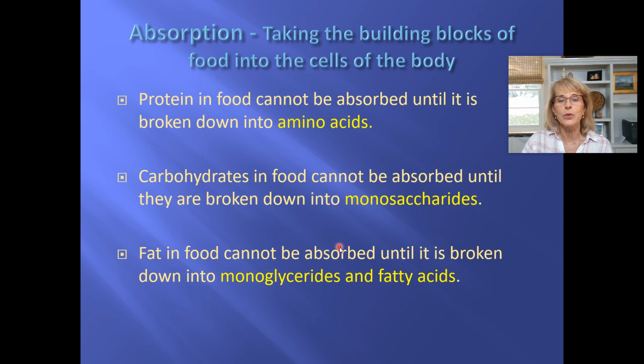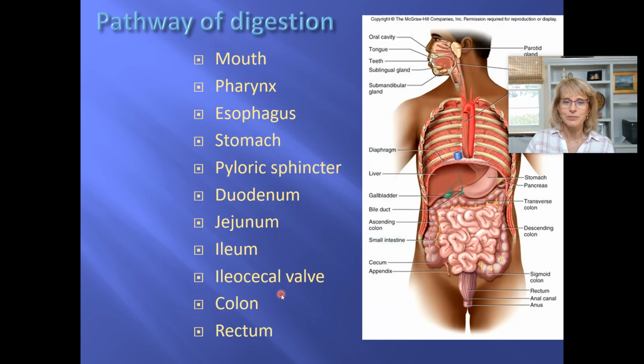The fat that's in our food will not be absorbed until it's broken down. Remember, when we're talking about fat, we're mostly talking about triglycerides. Triglycerides get broken down into monoglycerides, so a glycerol with just one fatty acid, and then fatty acids.